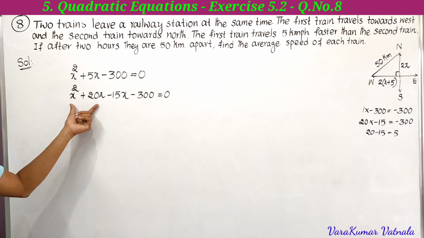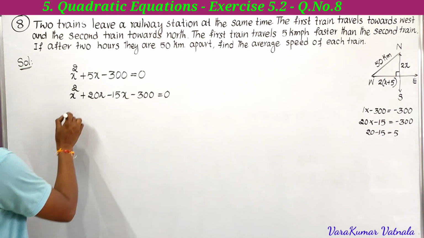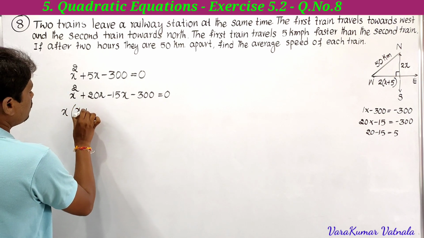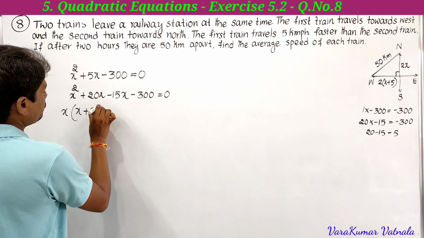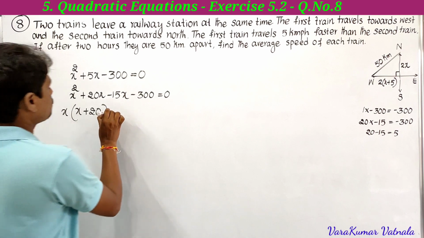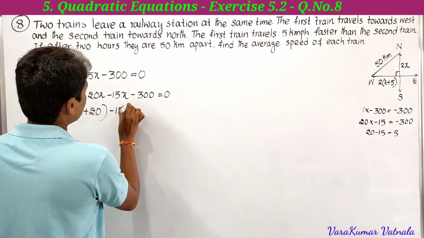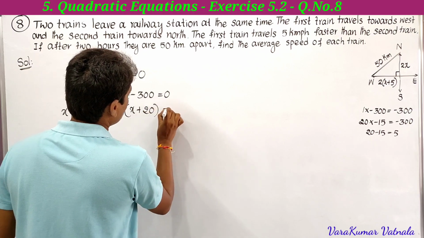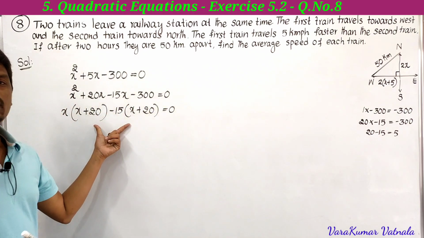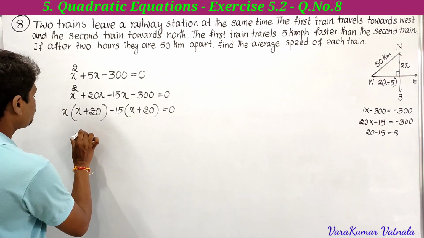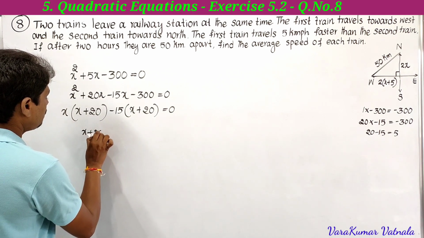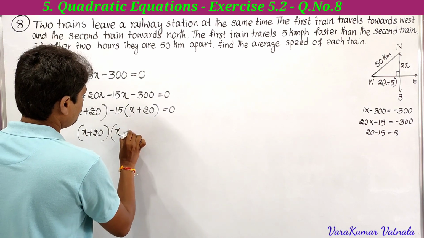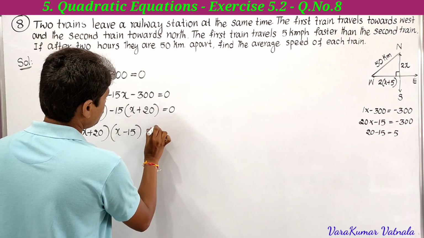In these two, x is common. If you take x as common, here plus 20 will be. In these two, minus 15 is common. If you take minus 15 as common, here we get x plus 20 again, equal to 0. So x plus 20 is common here. x plus 20 into x minus 15 is equal to 0.